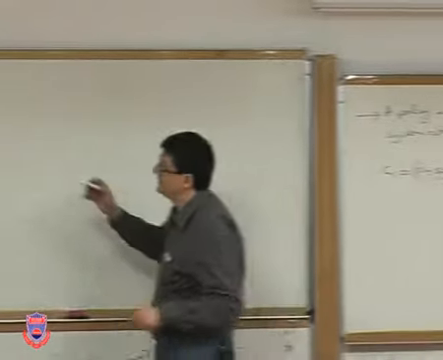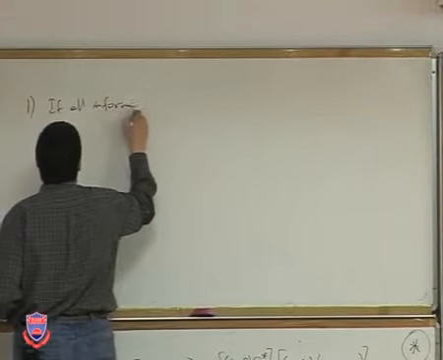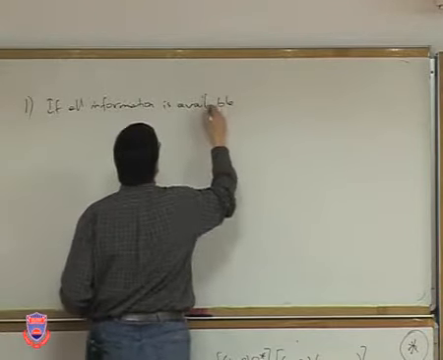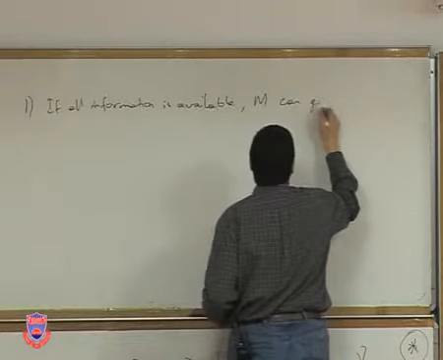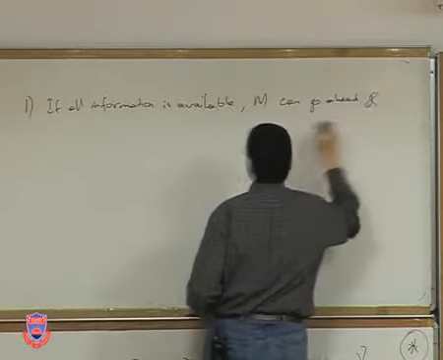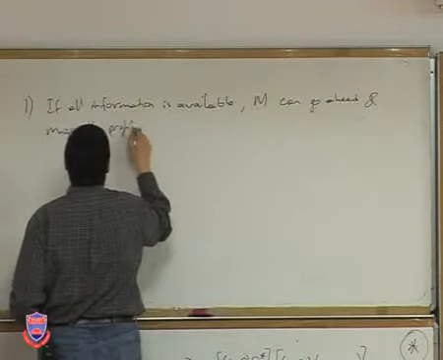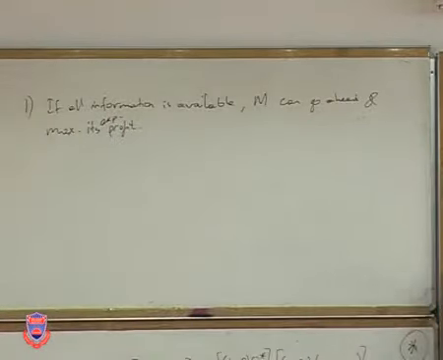But now, if information is available, the manufacturer can go ahead and maximize its profit, its expected profit, and then select the parameters of the contract accordingly.